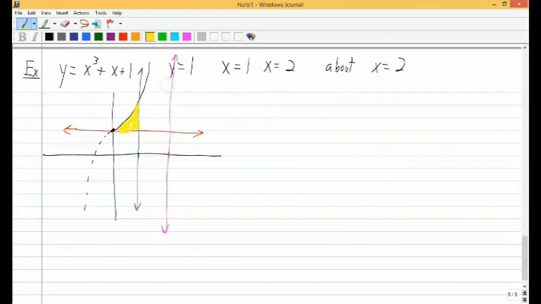And remember, this line is x equals 2, this vertical line. So with a vertical axis of revolution, we still want y equals x. That's the way our equations already are. So I'm going to use vertical rectangles, and I'm going to revolve those about this line.